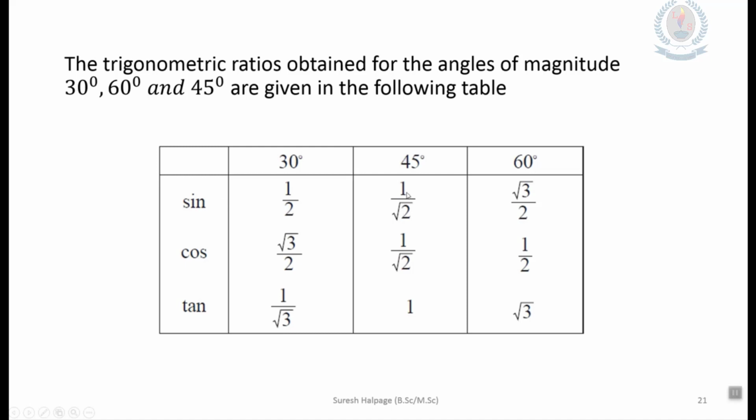Sine 45, 1 over root 2. Sine 60, root 3 divided by 2. Cos 30, root 3 divided by 2. Cos 45, 1 divided by root 2. Cos 60, half. Tan 30, 1 over root 3. Tan 45, 1. Tan 60, root 3. So likewise, you can read this table.